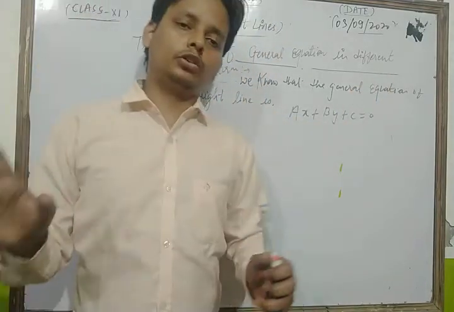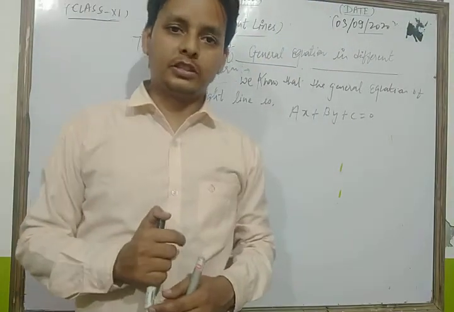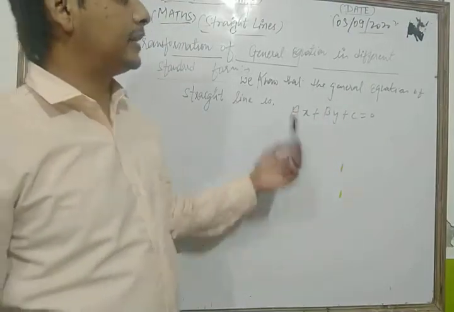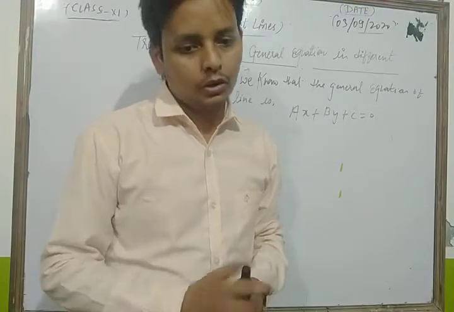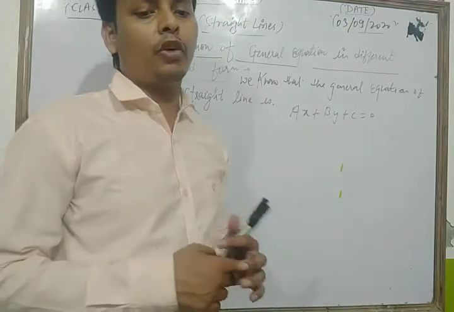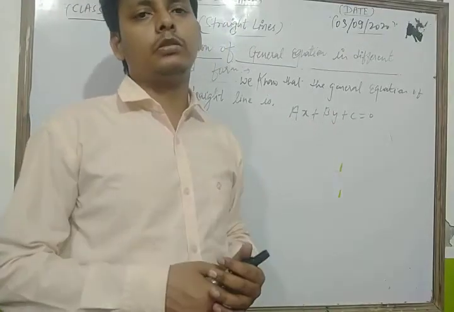You know that very well because this topic is discussed in the first class of that chapter, straight line. We know that the general equation of the straight line is ax plus by plus c is equal to 0, and it can be transformed to various standard forms. We can transform that equation into various types of equations.